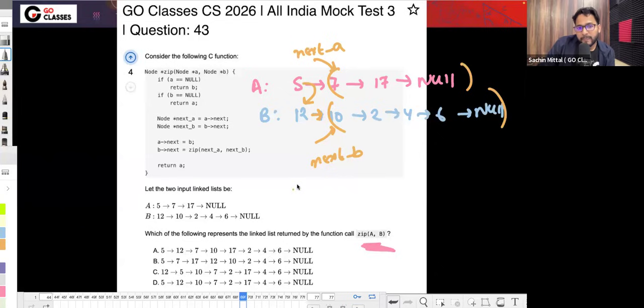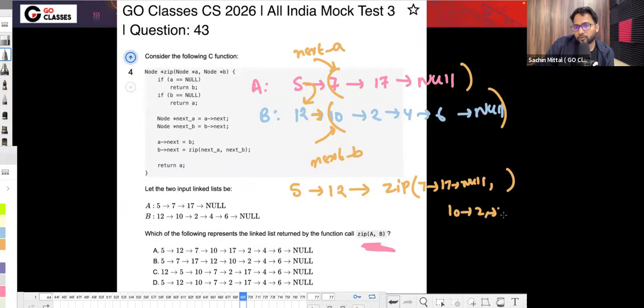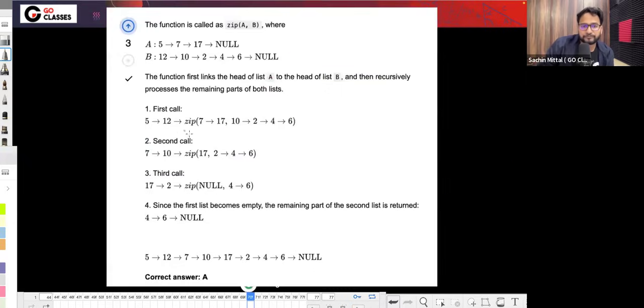So what is happening here, we are saying that 5 is pointing to 12, and what 12 is pointing to, what b dot next will point to, it will point to whatever this zip returns. So basically zip means 7, 17, null, comma 10, 2, 4, 6, null. So 5 will start pointing to 12, and then 12 will point to the remaining.